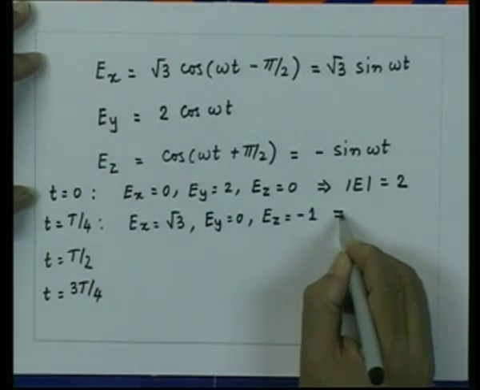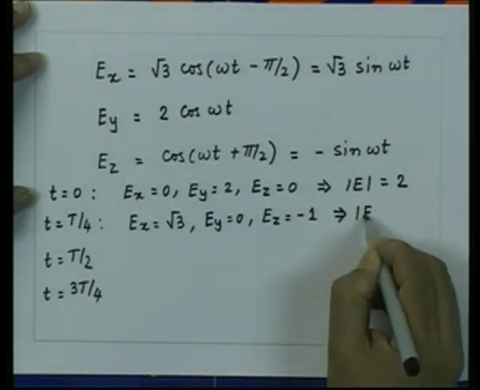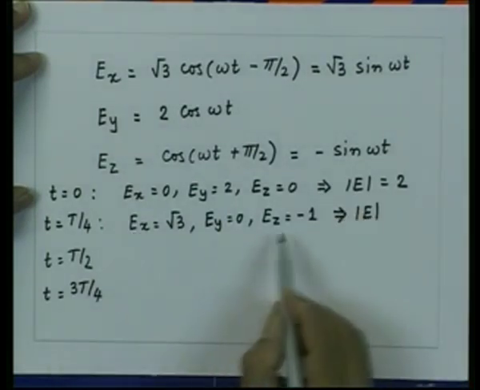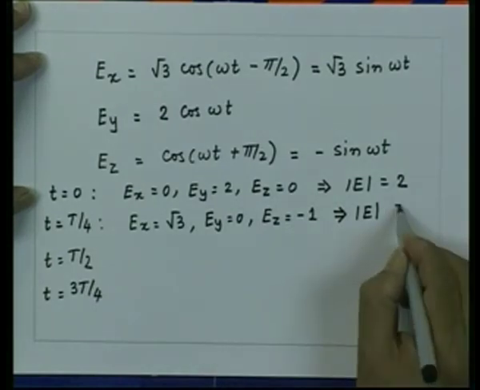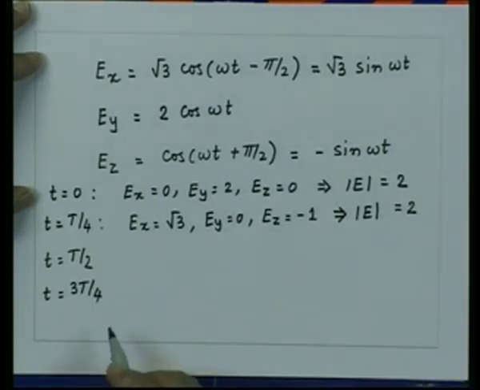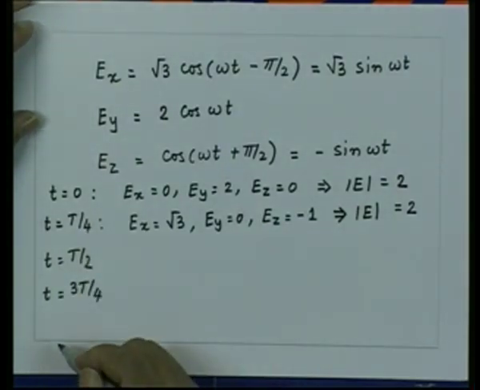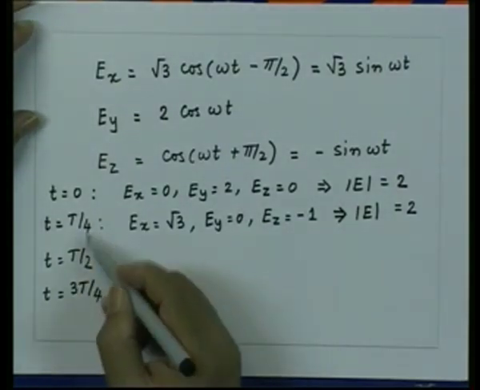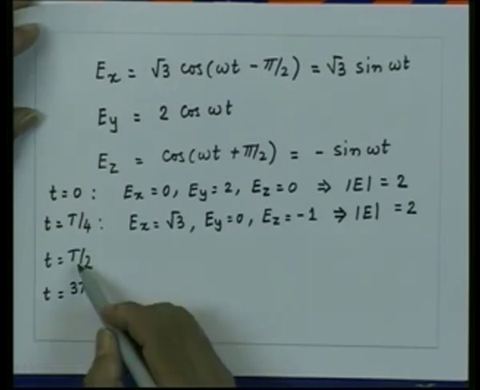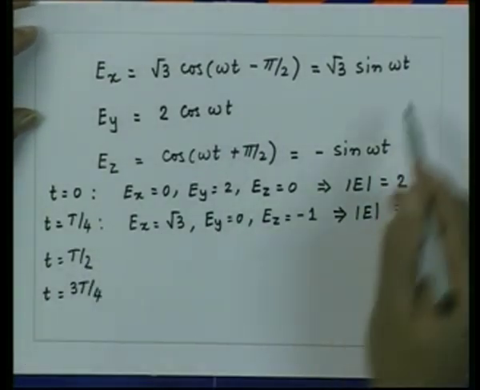That again gives the mod of E, which is the square root of E x square plus E z square, equal to 2. Similarly, if I go one more time, which is T by 2, the angle will be equal to pi, and you will get the same magnitude.